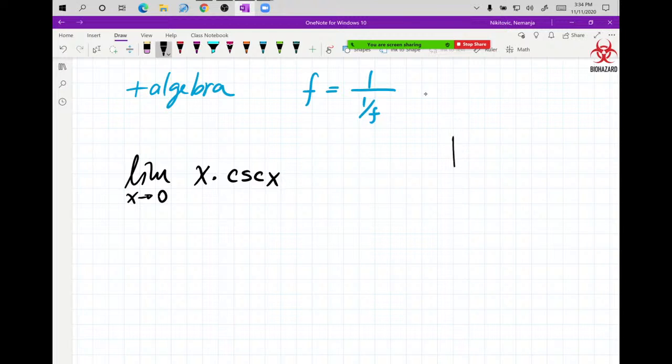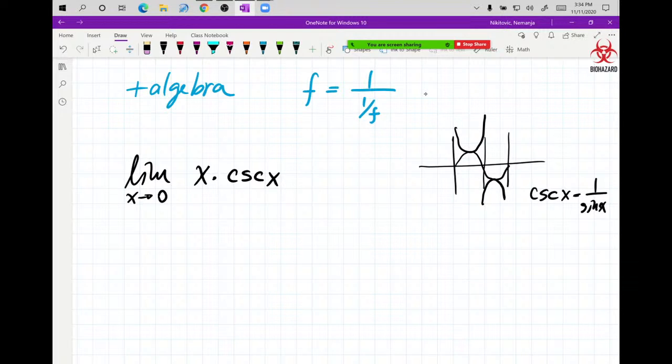If you want to graph a cosecant graph, you graph a sine graph, and then wherever sine hits 0, you put your vertical asymptotes, because cosecant x is 1 over sine x. So if sine x is hitting a 0, that means 1 divided by 0, which is a vertical asymptote. Then all you need to do is invert these cups like this, get rid of the sine graph, and you have your cosecant graph.